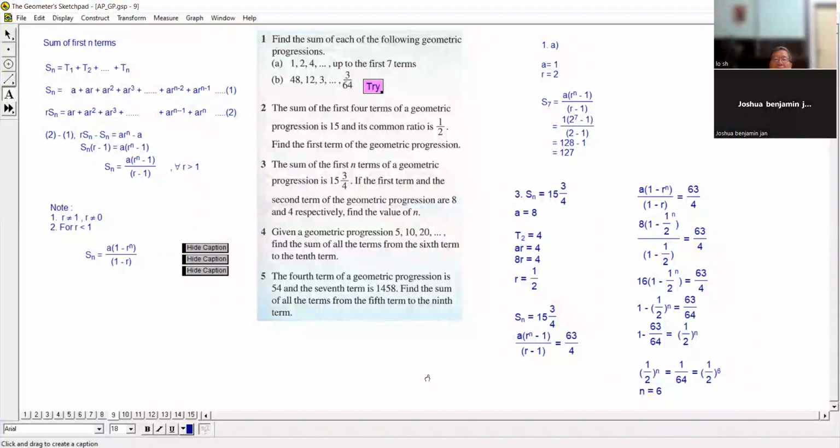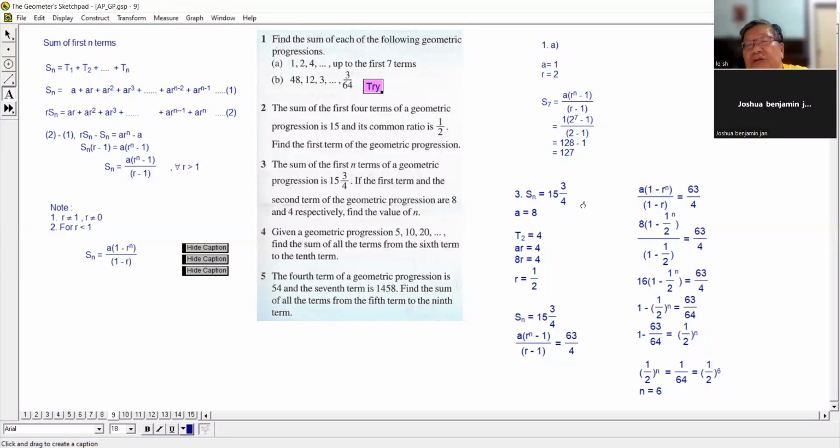Number 2, they give you the 4th term and the 7th term. Why is it that they give you the 4th term and the 7th term? What must you do with these two numbers? You have to form two equations. 4th term is 54, you form one equation. 7th term is 1458, you form another equation.